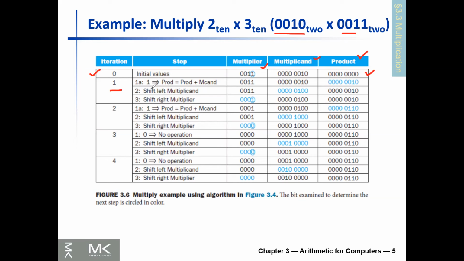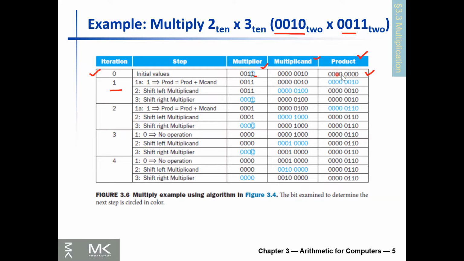So here it is started like that. First it will check what? The first rightmost bit of the multiplier. You can check it. It is 1. Okay, when it is 1, what should we do? We have to do the first step, which is product equals product plus multiplicand.